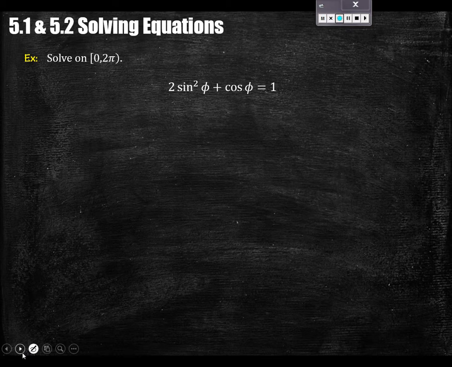Then if you put 2 sine squared phi minus 1, that simplifies to 2 cosine squared. Subtract one, that's my thought. Plus cosine. Yeah. I like the idea of having the sine squared disappear, that's for sure.